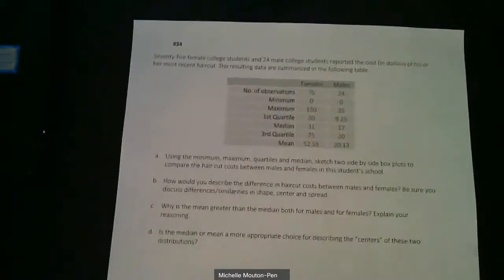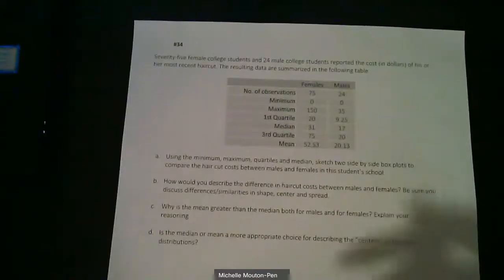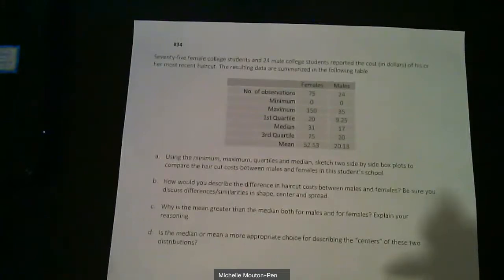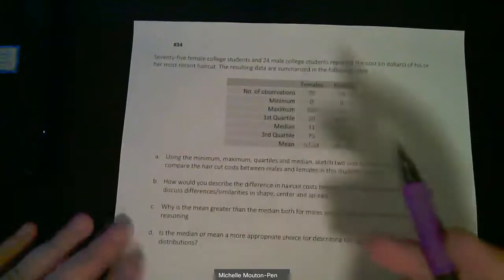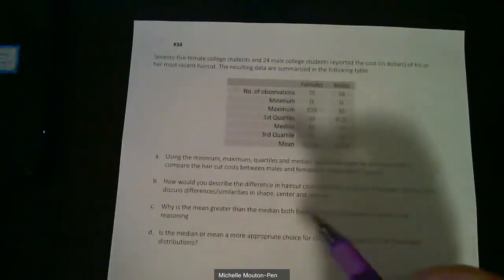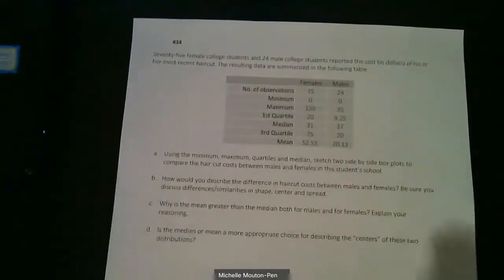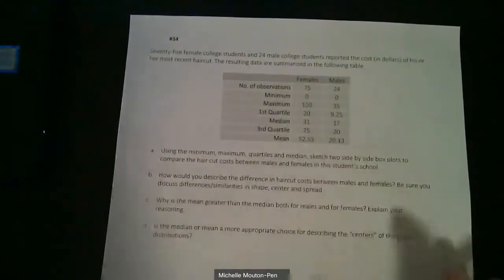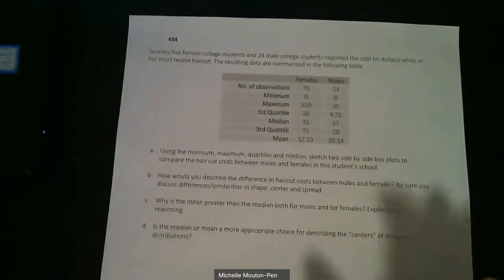I don't know if that person hadn't had a haircut, which is why it's 0, or they cut their own hair so it didn't cost anything, or they let their friend cut it. There are lots of possibilities as to why that cost would be 0.